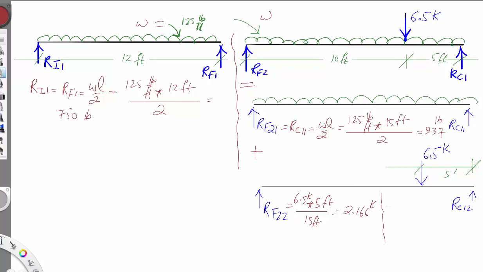And for this one, RC12 is equal to 6.5 kips multiplied by 10 feet divided by 15 feet, which is equal to 4.334 kips. Let's just highlight the values we got here.